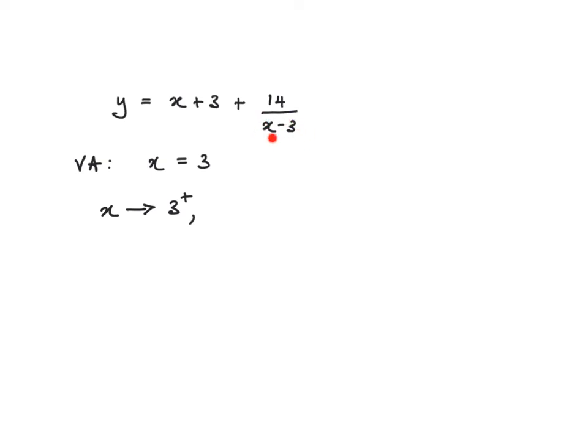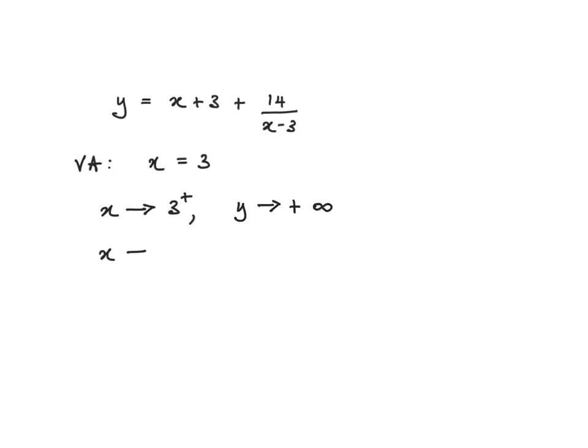We've got a very small positive value on the bottom. So 14 divided by a very small positive value is a very large positive value. In fact, it's so large that that term dominates. So this is irrelevant, which is to say we're heading for positive infinity. So to the right of x equals 3, y tends to positive infinity.